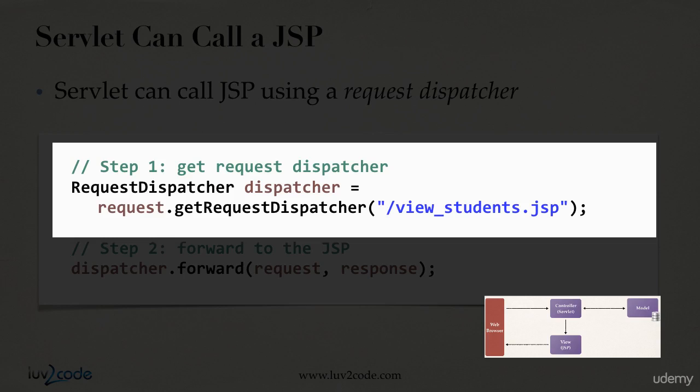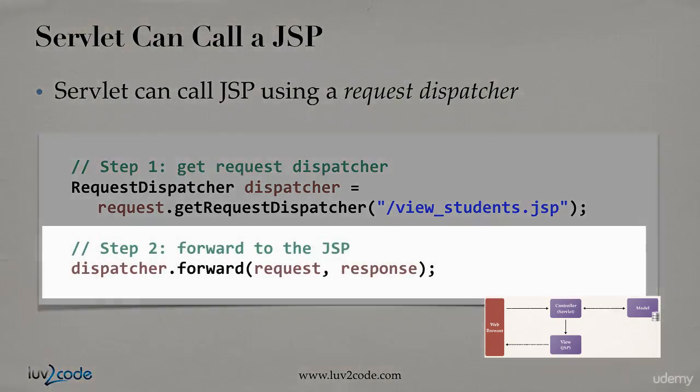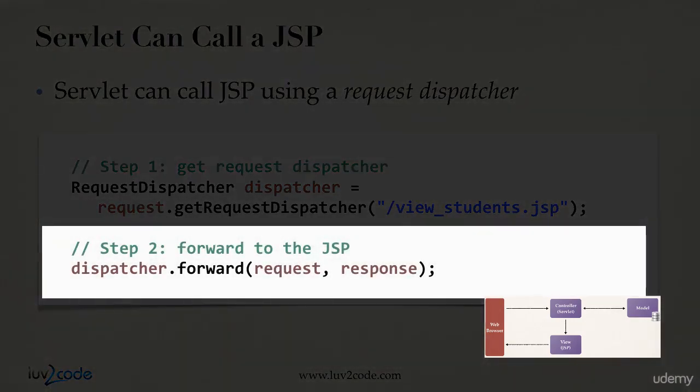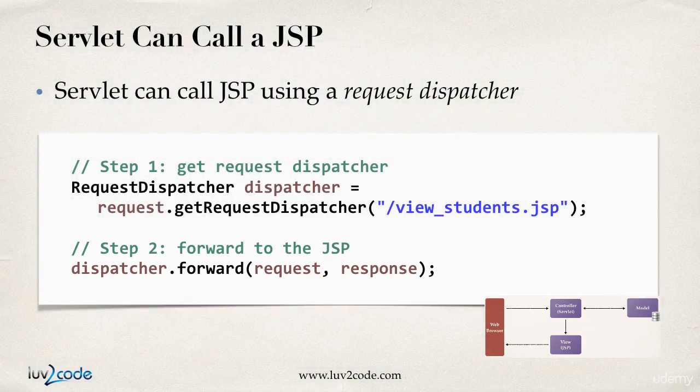So here, viewstudents.jsp. That's the JSP page we want to call. Once we have this dispatcher set up, then we need to forward information to the dispatcher. So here I say dispatcher.forward, and then I make use of the request and the response object. So it'll send it over to the JSP, and the JSP can read information from that request and also use that response.